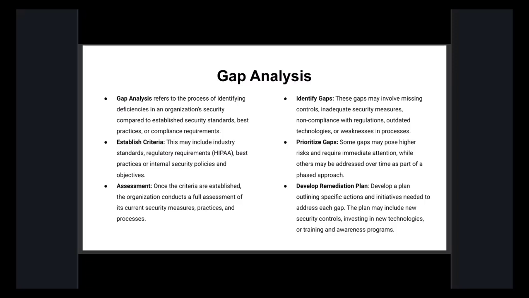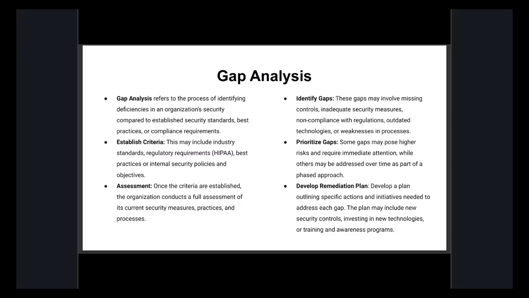The next security framework we're going to discuss is gap analysis. And gap analysis is when we create security policies to help us identify any weaknesses in our business security systems. The first step is establishing criteria. In order to identify weaknesses, we have to have a baseline that serves as the accepted standards.